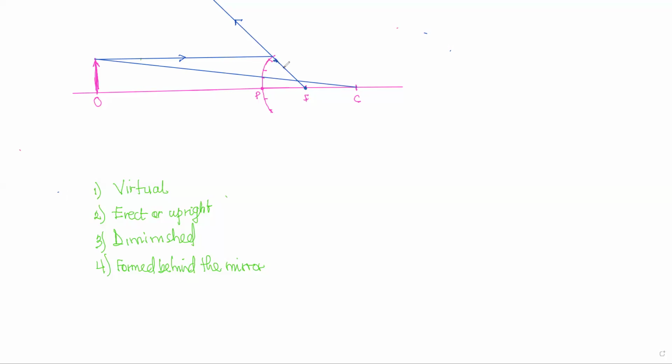I do not have that here, that's why it's a solid line. All these points must be broken lines because they are virtual. The two reflected rays, incident, reflected, appear to intersect at this point.